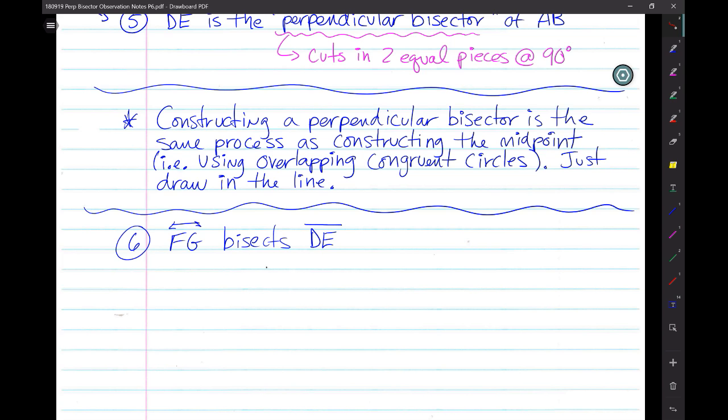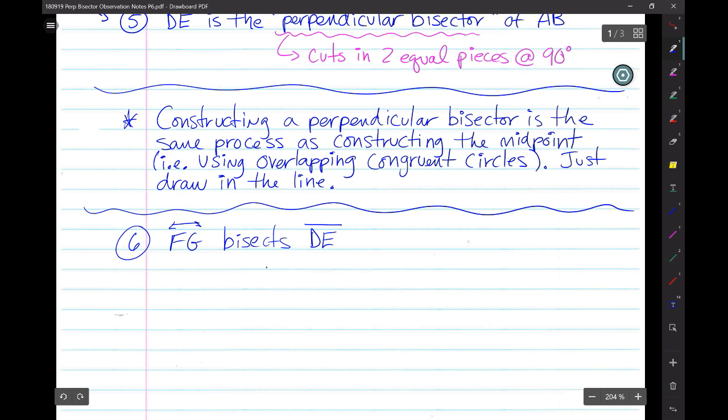In order for us to actually have a middle, we've got to have a beginning and an end so that we can find the exact halfway point between the beginning and the end. And so it's important that when we reference this idea of bisection and midpoints that we're talking about a line segment. We can't really say that we found the middle of a line. We don't know where the line begins or ends, but we do with a line segment. So it is important how we notate this, say it, and write it, okay? So it's important to say that line FG bisects segment DE in this case and not line DE.